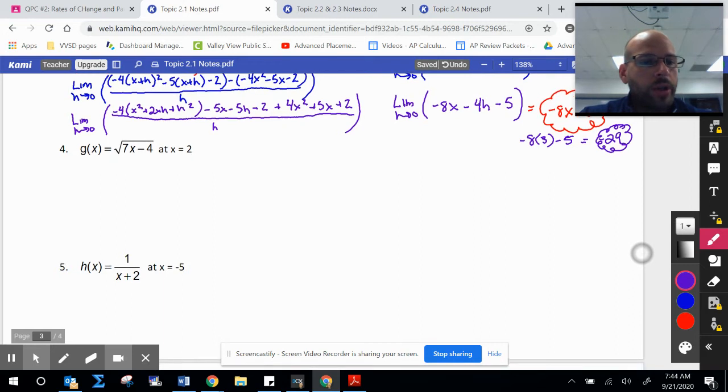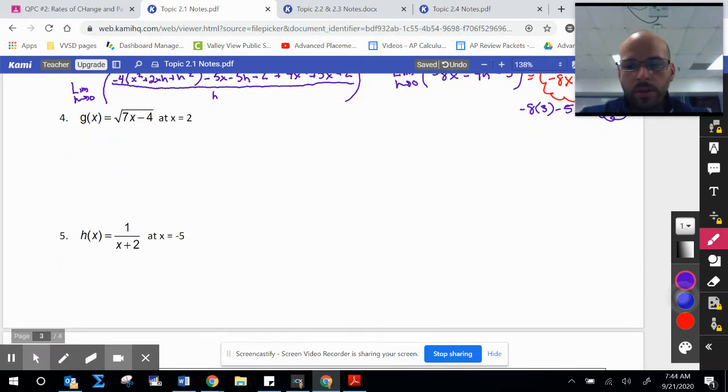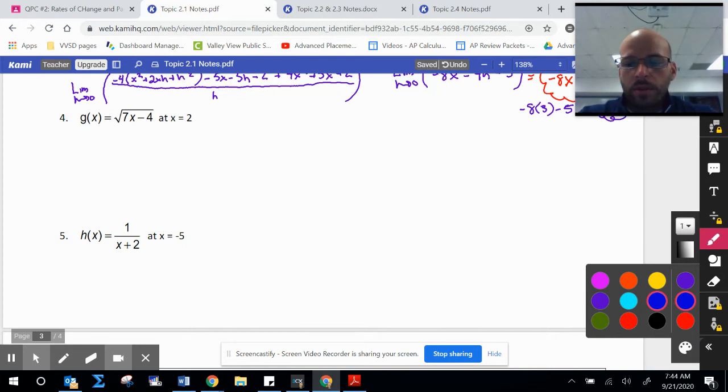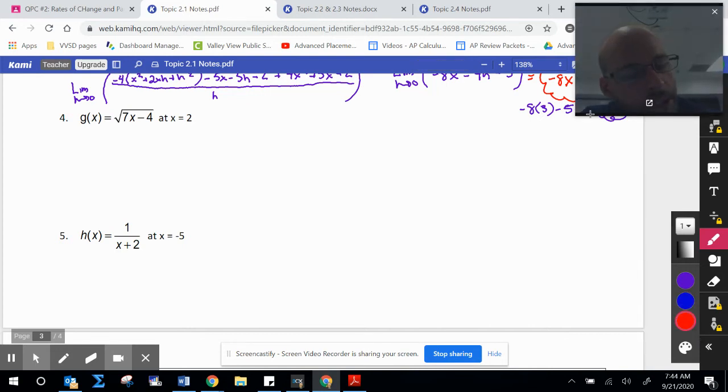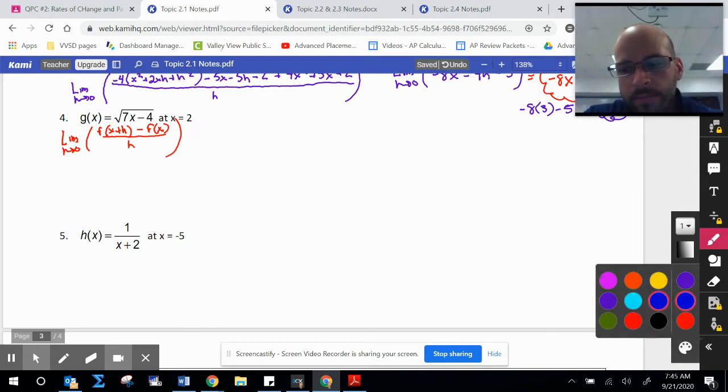So if we go to number 4, another example. I'm going to start with my limit definition: the limit as h approaches 0 of f of x plus h minus f of x, all over h. So now I'm going to substitute in.